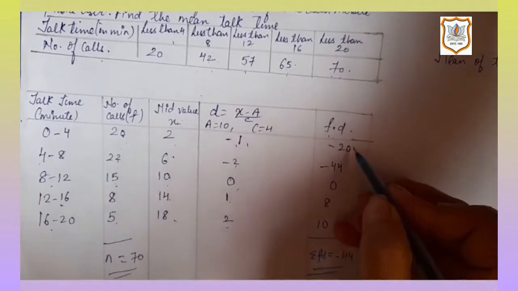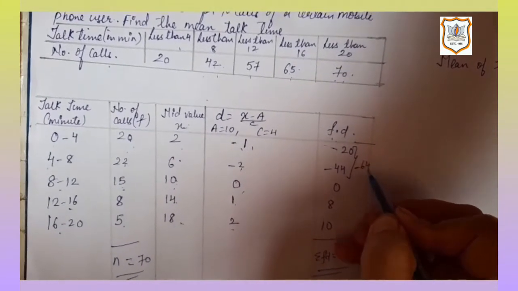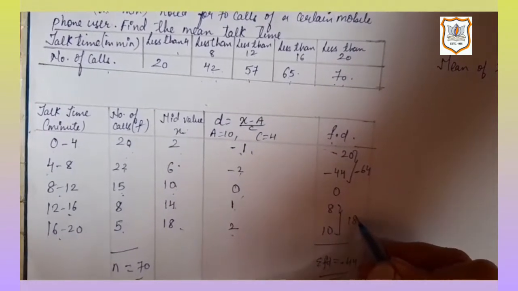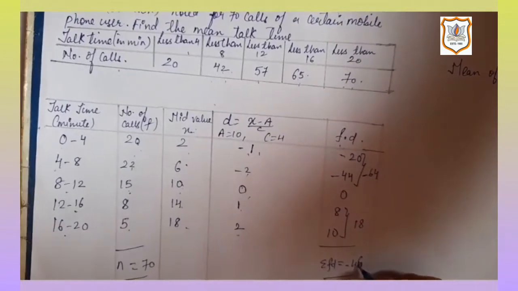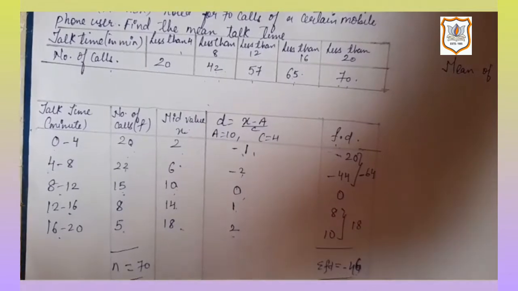Here the total of negative numbers is negative 64 and the total of positive numbers is 18. So calculating these two will give you negative 46, not 44.